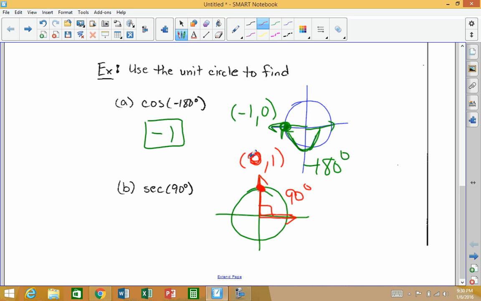Okay. So now that we have the coordinate, we need to figure out what exactly secant means. Well, from the last lesson, we know the secant is 1 over the cosine. So if it's the secant of 90, then this is going to be 1 over the cosine of 90.